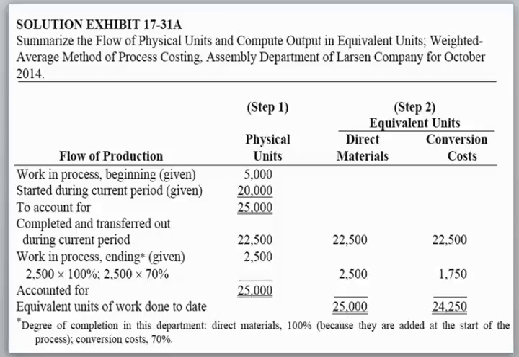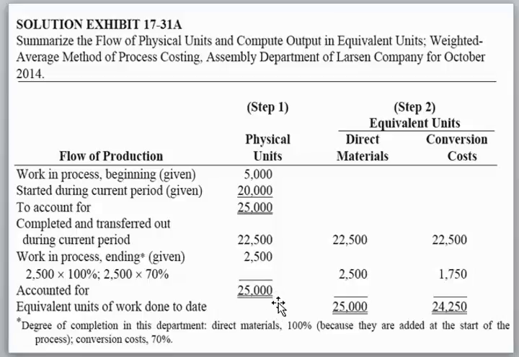But the ending work in process is given as 2,500, and it is 100% direct material, so 2,500 multiplied by 100% is 2,500. For the conversion cost at 70%, 2,500 multiplied by 70% will be 1,750.